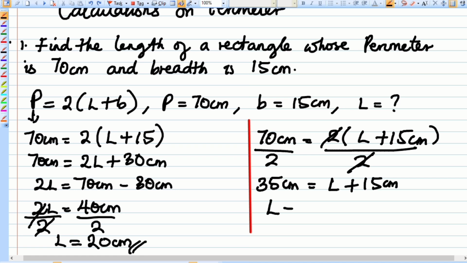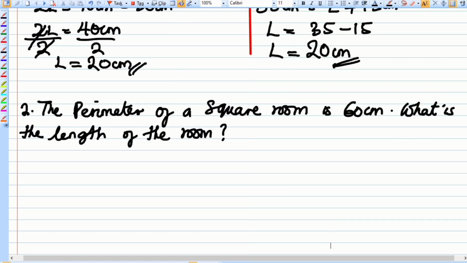So the length will have to be 35 minus 15, since positive 15 crossing becomes negative 15. That's 20 cm. And then we have the answer. So either way, we still have the same result. So let's move over to the next one.